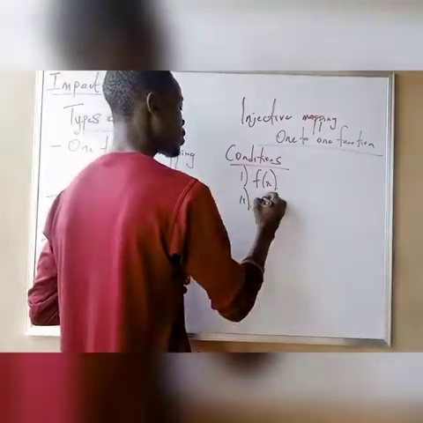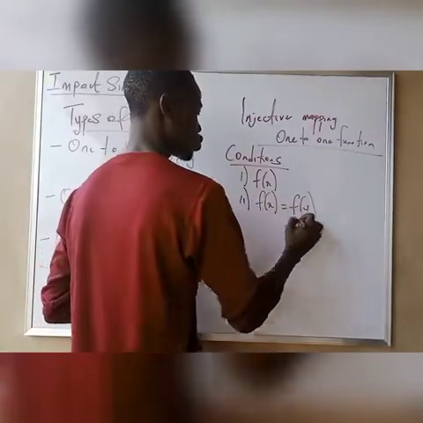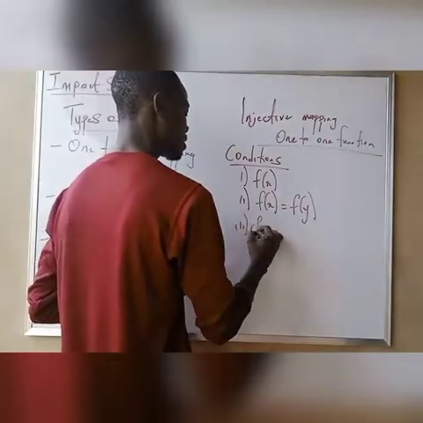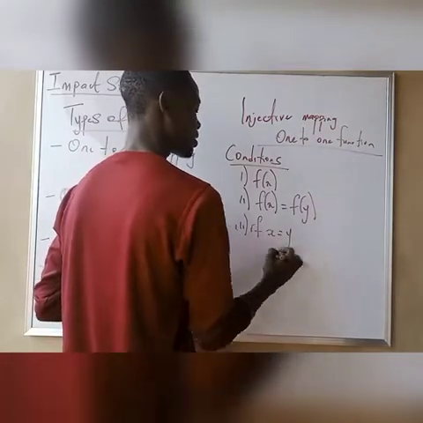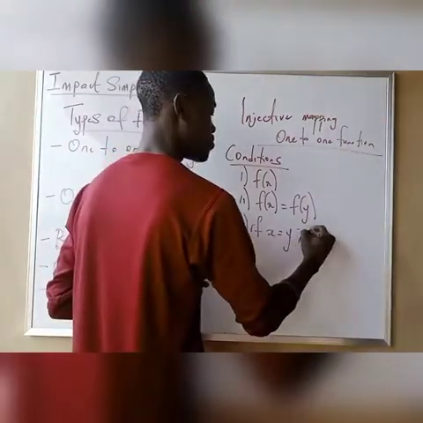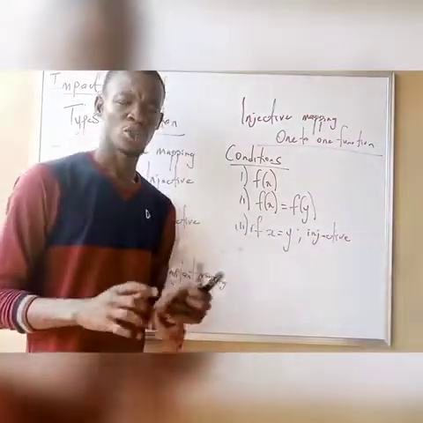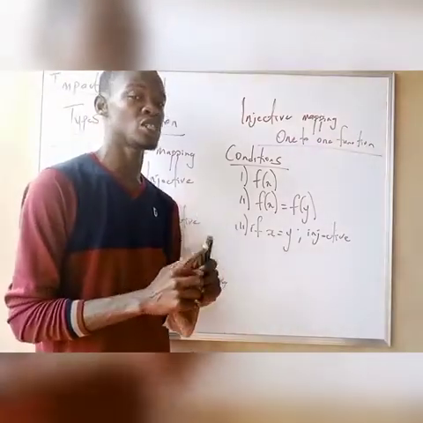The second thing we have to do is to equate our f of x to f of y. And the third thing is this: if your x is the same thing as y, that makes the function injective. Do we get that? These are the conditions for a function to be injective.